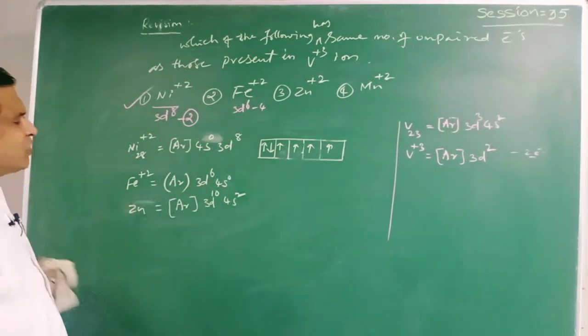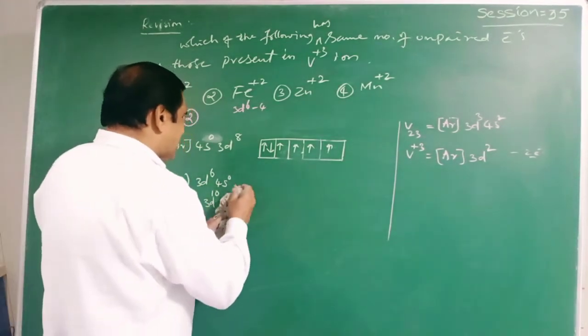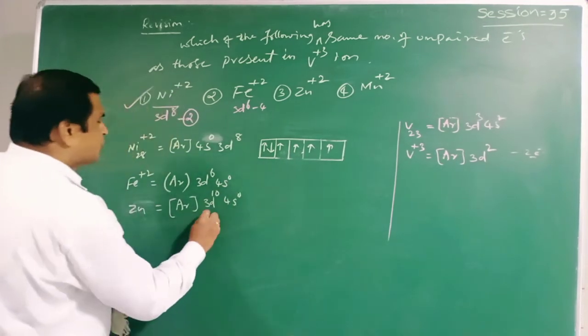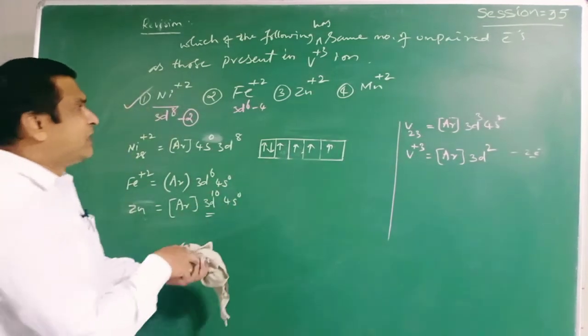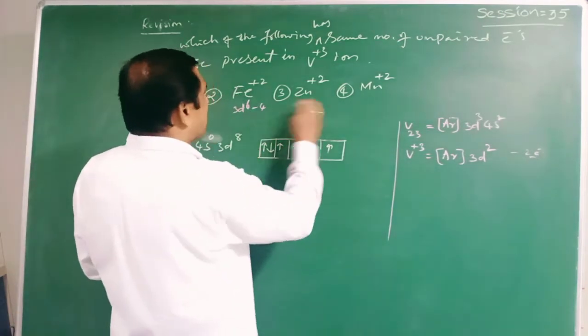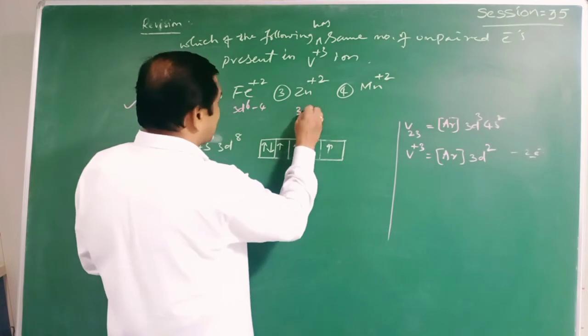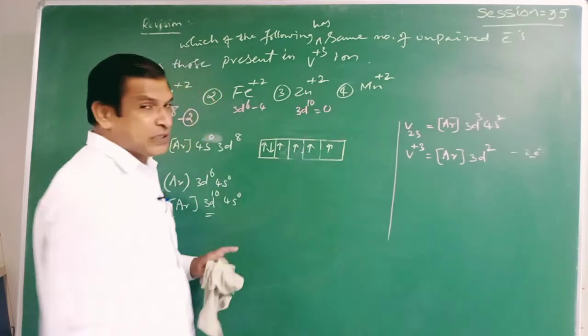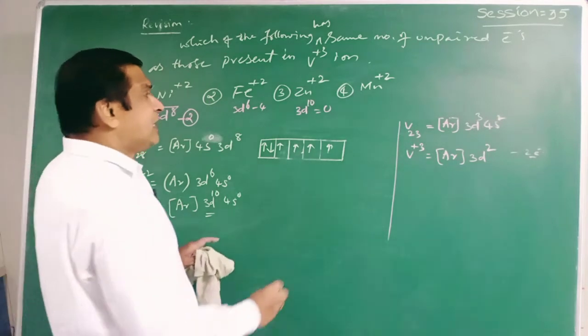Zn plus 2 means the 4s electrons are gone, so 3d10. All the d orbitals are filled with 10 electrons, so 0 unpaired electrons are left.